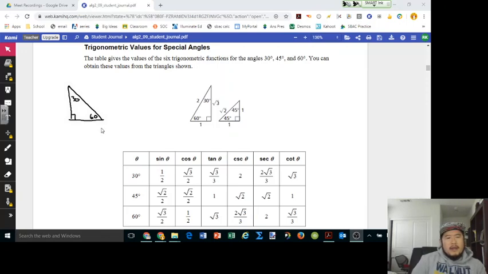And remember some basics about triangles: the size of the angle will determine the length of the side opposite of it. So this being the smallest angle right here, the 30 degrees, the side opposite of it will be the shortest side.